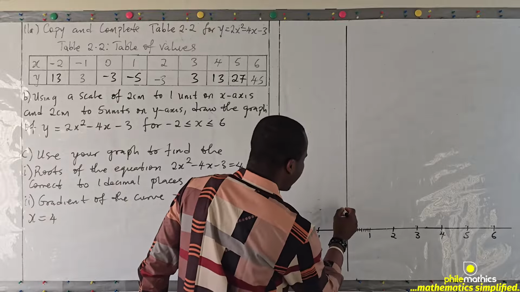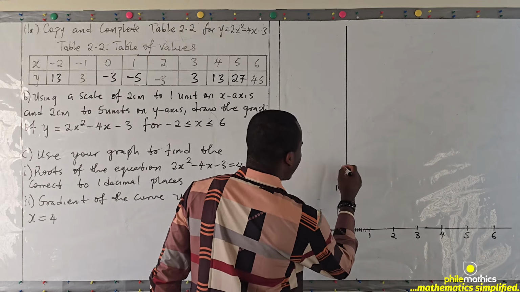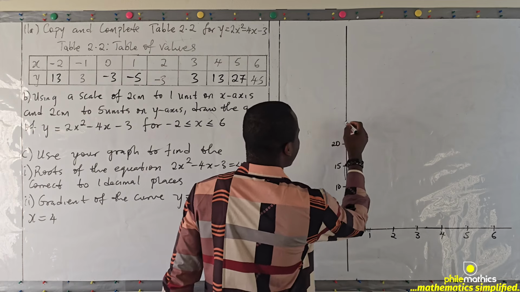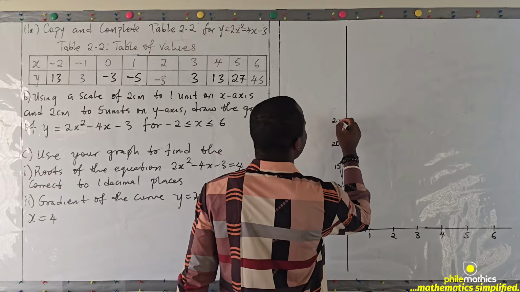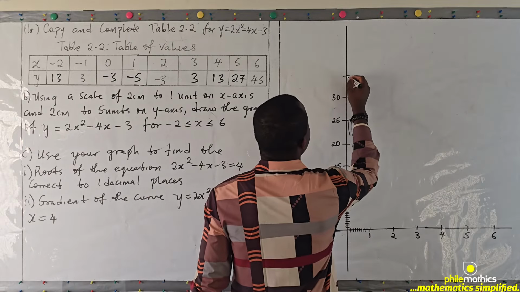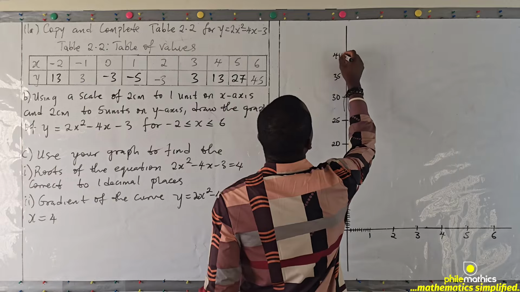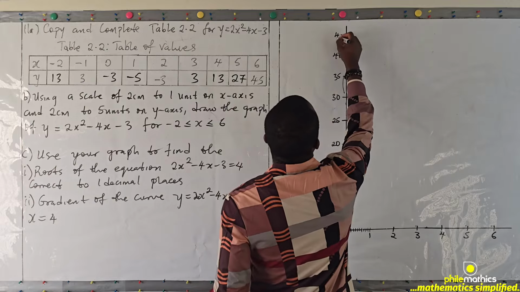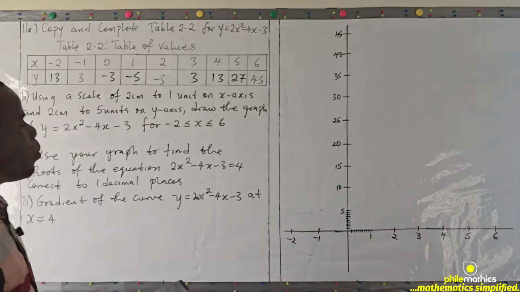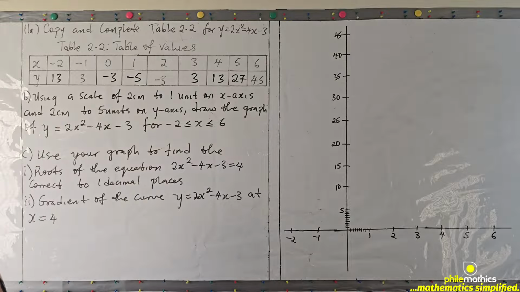So we have 5 here, 10, 15, 20, 25, 30, 35, 40, 45. So with this, we can plot our quadratic graph.